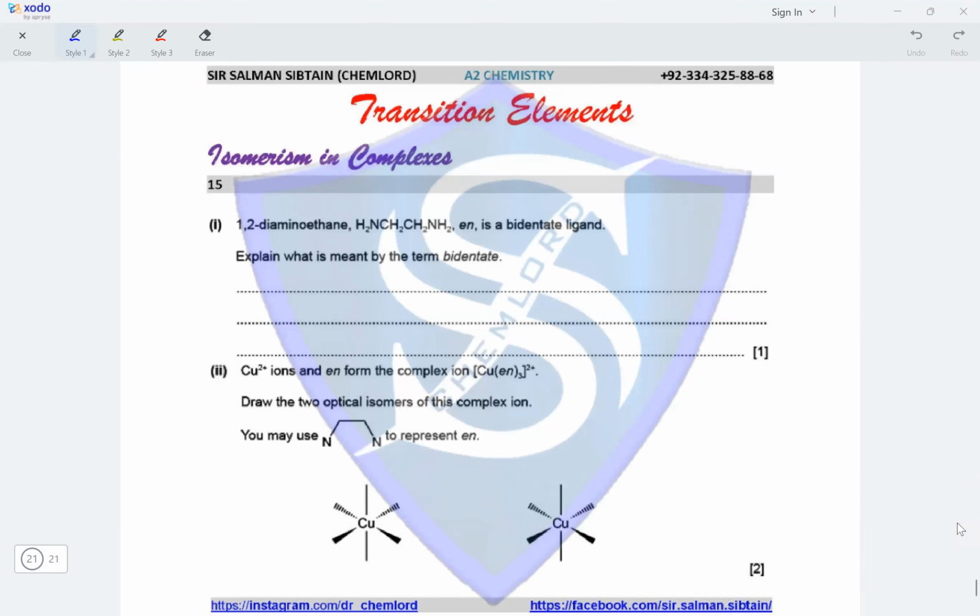Question 15. 1,2-diaminoethane, or en, is a bidentate ligand. Explain what is meant by the term bidentate.